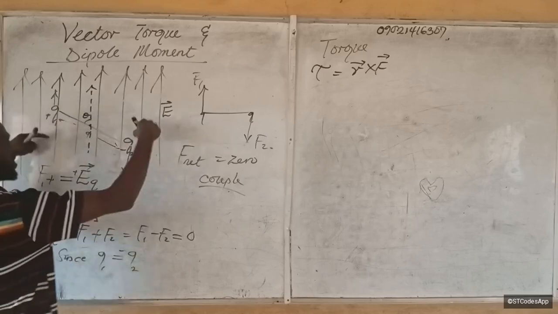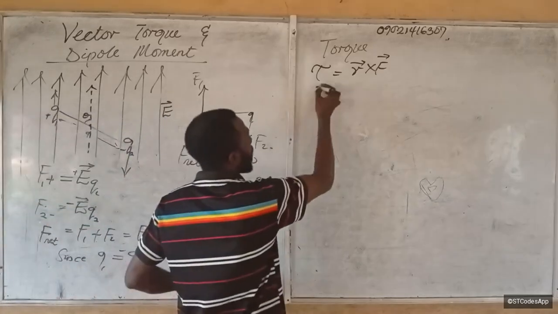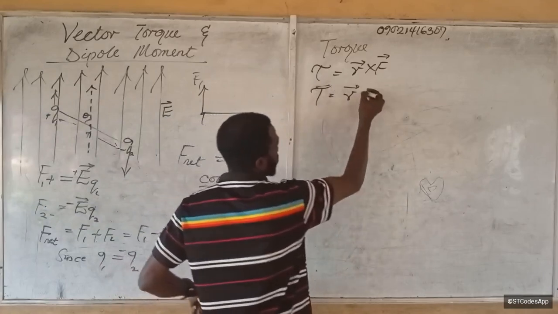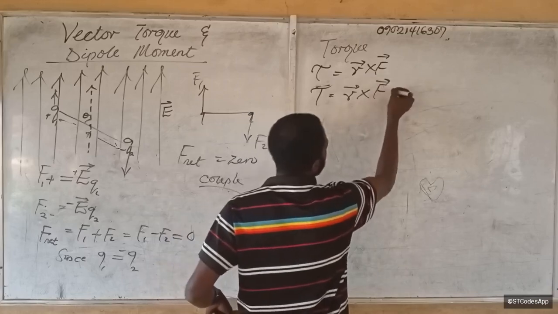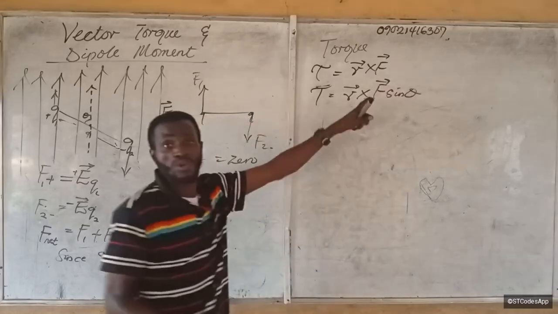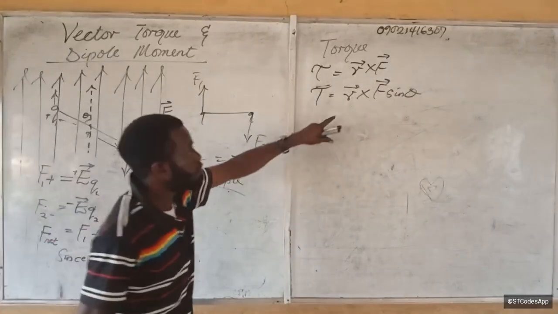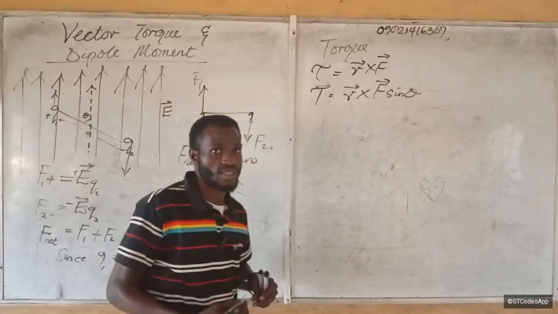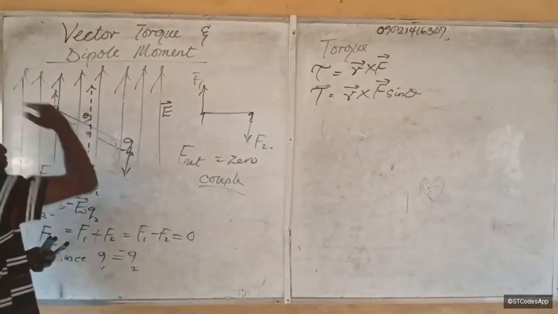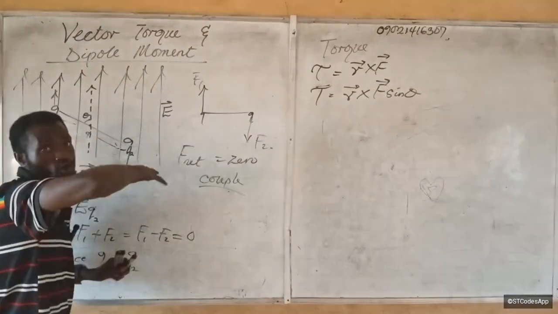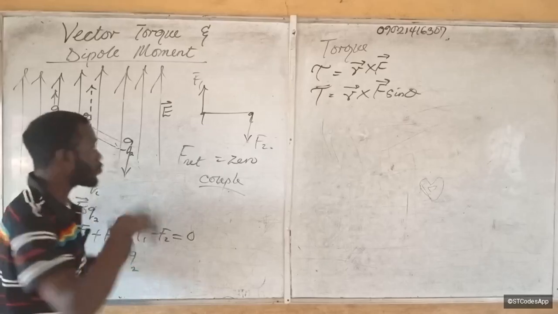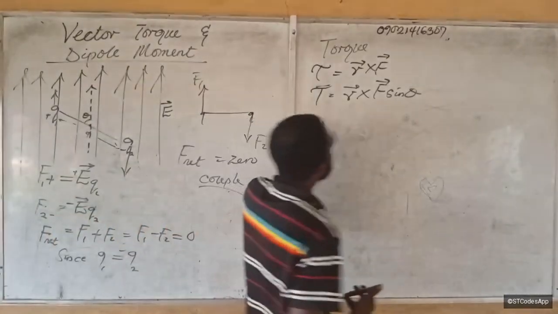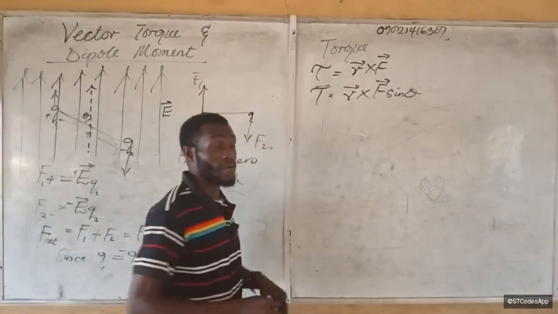So when you want to take the vector product, or cross product, it will be the cross product with sine of theta. I have released a video on this before. Do you understand? So the cross product is going to be R times F sine theta. And that's because we have placed our dipole at a particular angle relative to the electric field in which the dipole is. Does that make sense to you? So this will be the value of our torque.